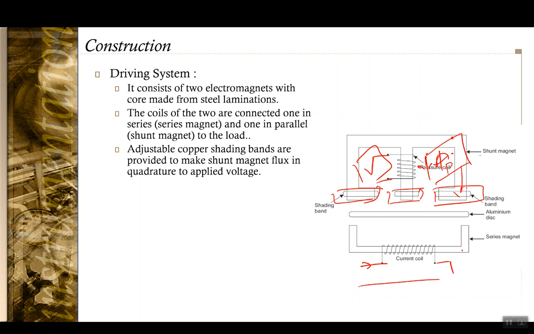And we will look exactly into this mechanism later in this presentation. The purpose of this shading band is so that this V and this phi p are in quadrature, and I and phi s would be in phase.